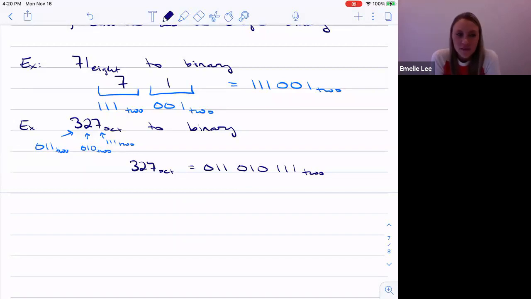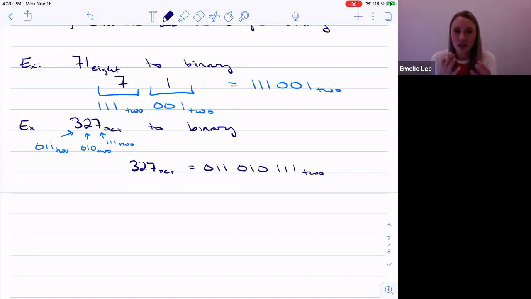Hexadecimal is very similar. The main difference is that we group by 4s instead. Hexadecimal is base 16. In base 10, we have 10 digits, 0 through 9, and then we run out.